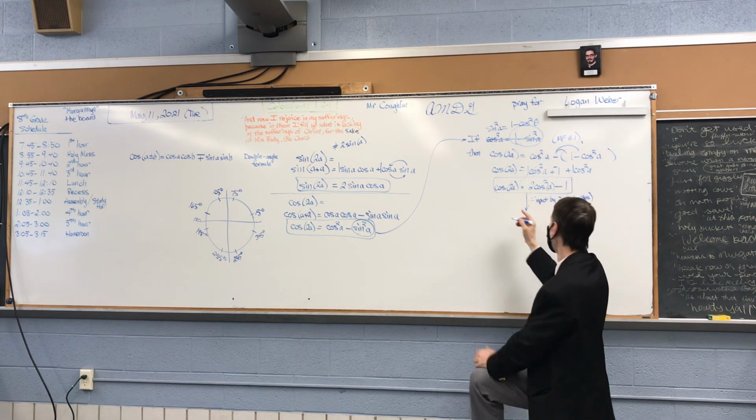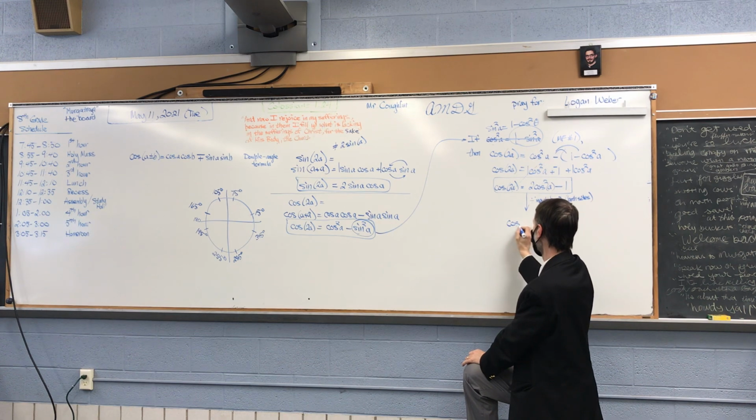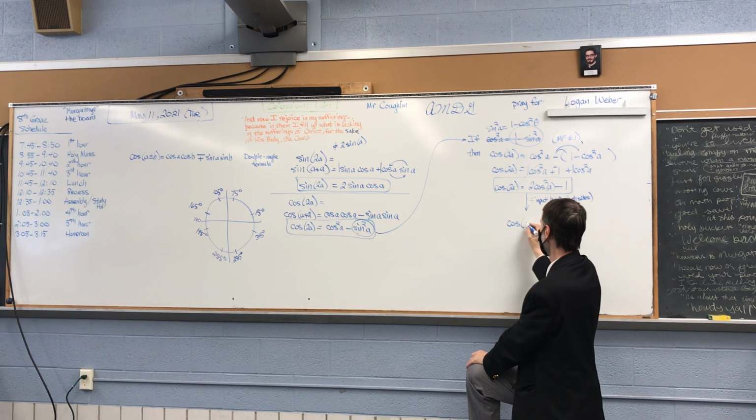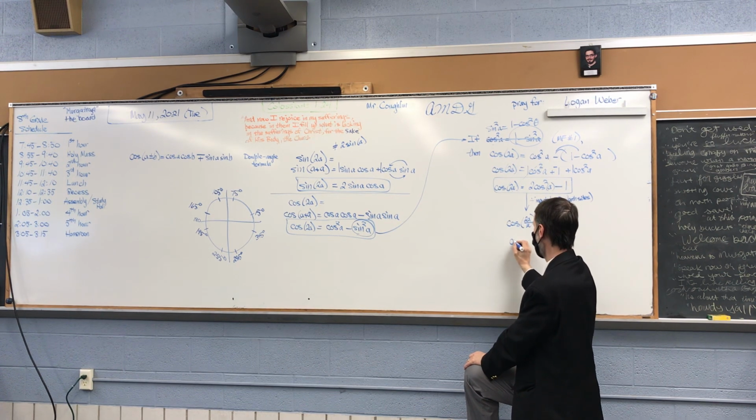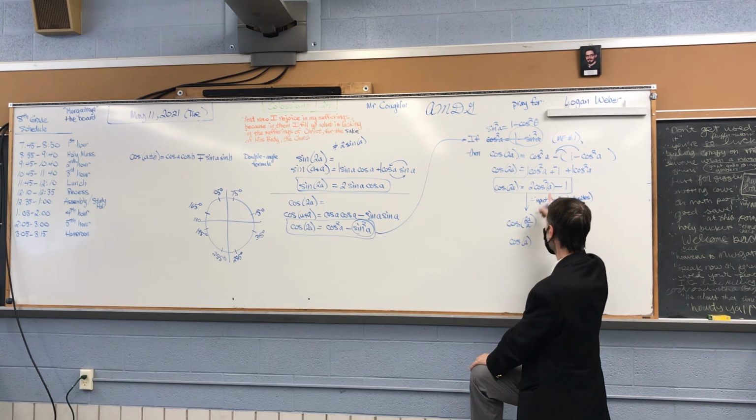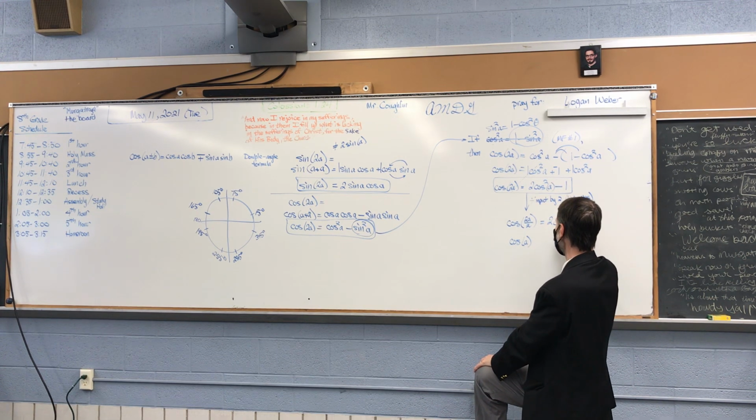Leave the cosine alone. Put cosine of what divided by 2, which will be cosine of A. Do that over here. 2 cosine squared of what?